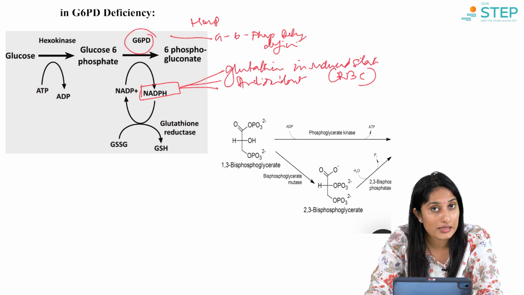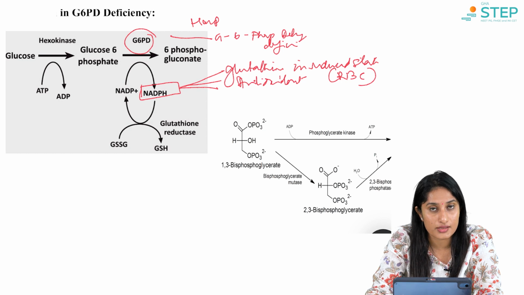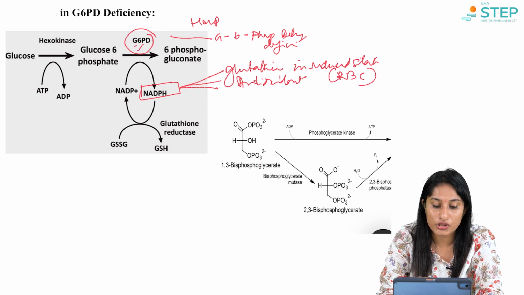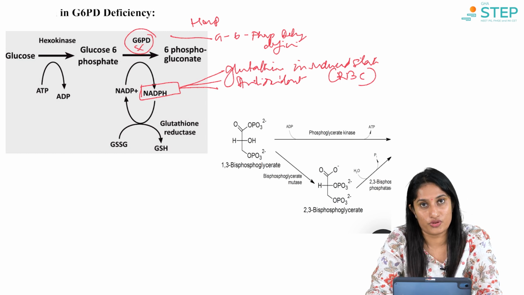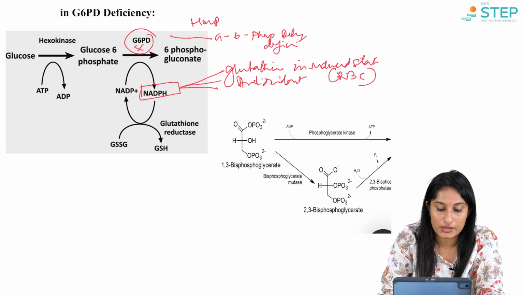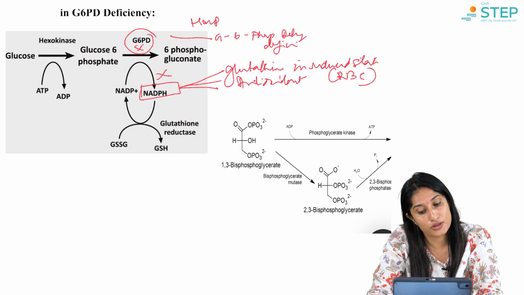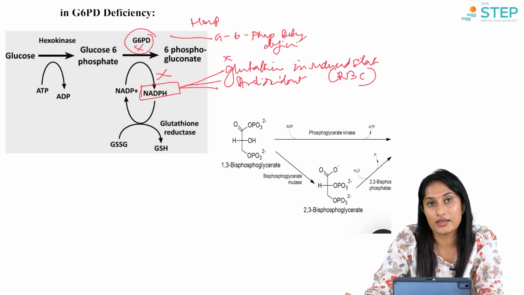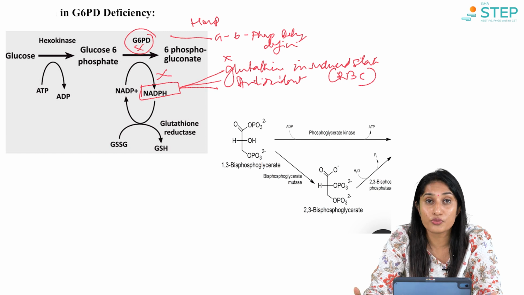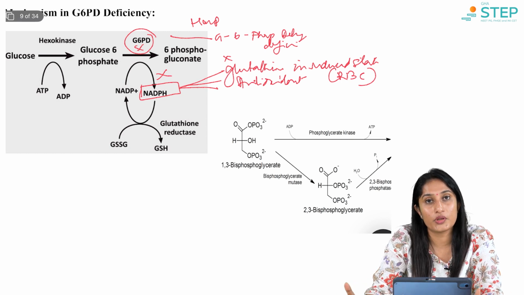But when the buildup of the free radicals or peroxides increases, there is no glutathione to counter it because the person is deficient in this enzyme glucose 6-phosphate dehydrogenase. So, if that is deficient, NADPH is also deficient. Glutathione is deficient, no antioxidant would be there to counter the accumulated free radicals post primaquine treatment.